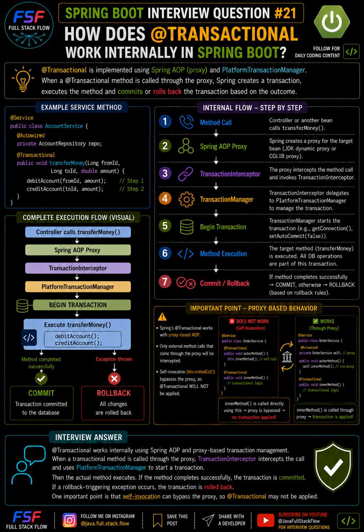Then the actual method executes. If the method completes successfully, the transaction is committed. If a rollback-triggering exception occurs, the transaction is rolled back. One important point is that self-invocation can bypass the proxy, so @Transactional may not be applied. That's all about the @Transactional internal flow.